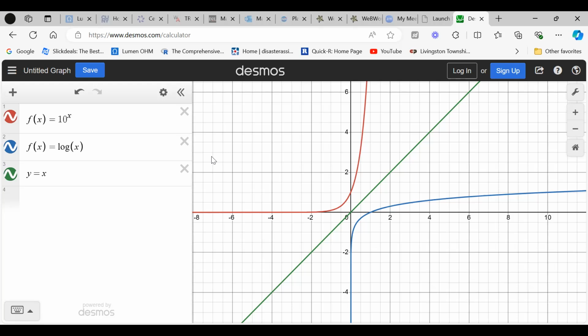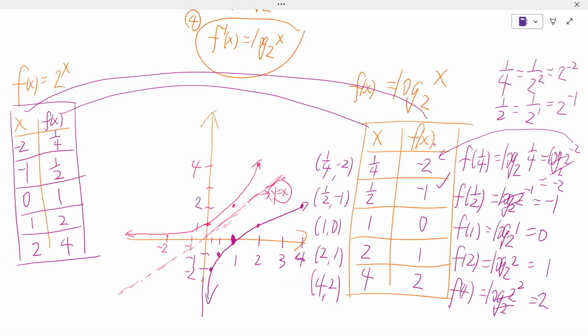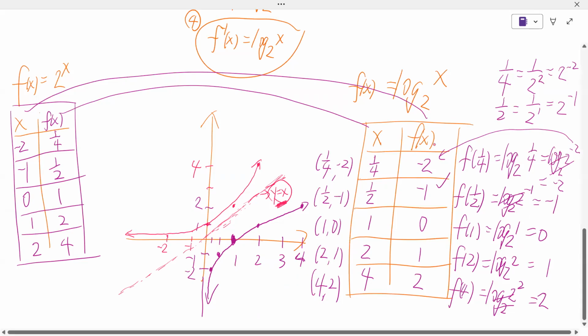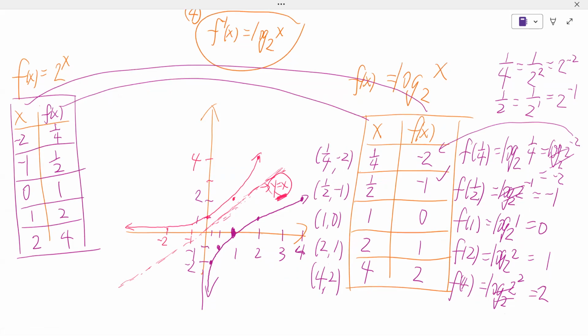Y equal to x meaning y becomes x, x becomes y. That's why this line is y equal to x. It's the identity function, right? So that's how we look at the relationship between those.